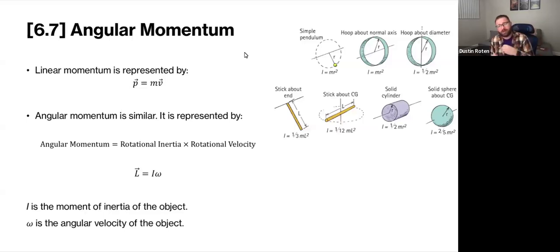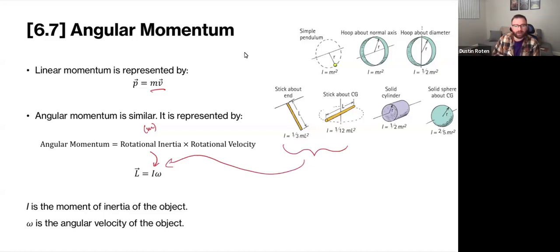Like you probably remember, linear momentum is represented by p equals mv, just mass times velocity. Angular momentum is very similar. It turns out it's represented by the rotational inertia, which is sort of like a mass, except we get these I values. Depending on which type of object you're talking about, you plug in the right value for I. Then we have the rotational velocity.